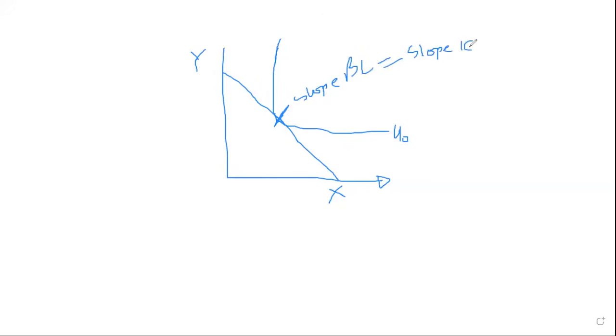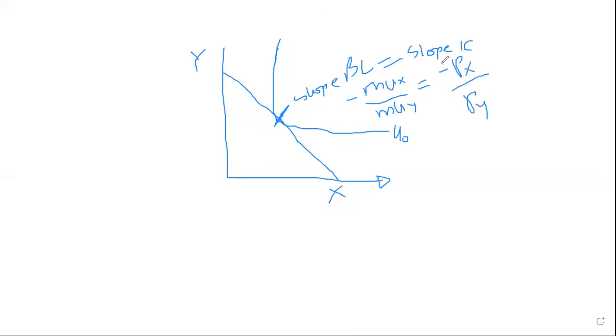So it means that the slope of the IC, which we showed as negative MUX over MUY, and also the slope of the budget line, which we showed as minus PX over PY.